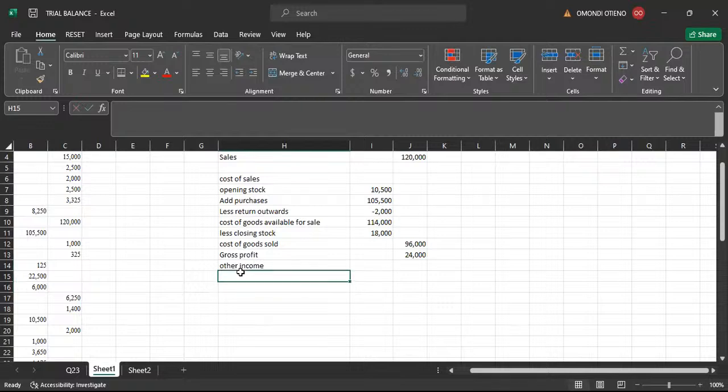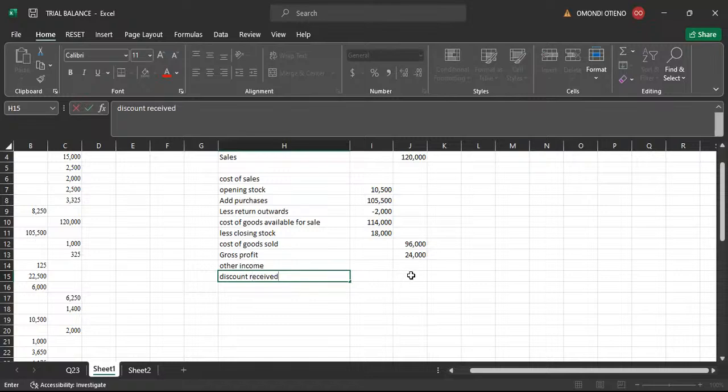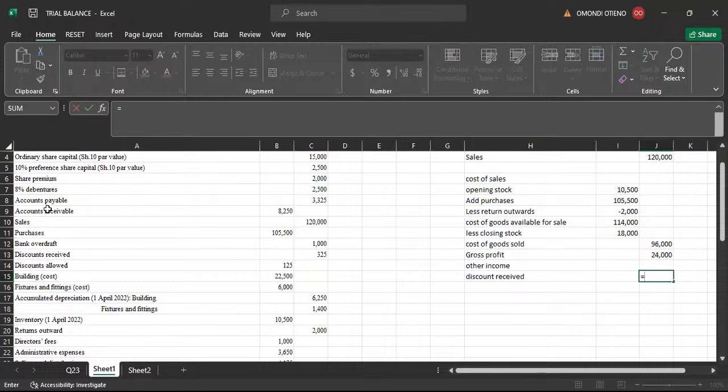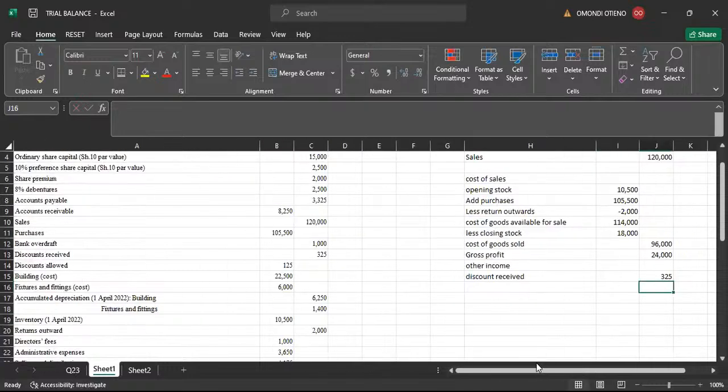Other income, we have discounts. Discount received. You're able to see the 325. That is the discount received.